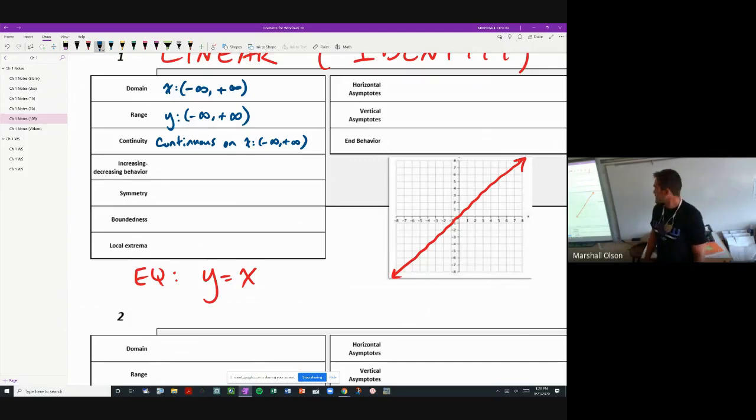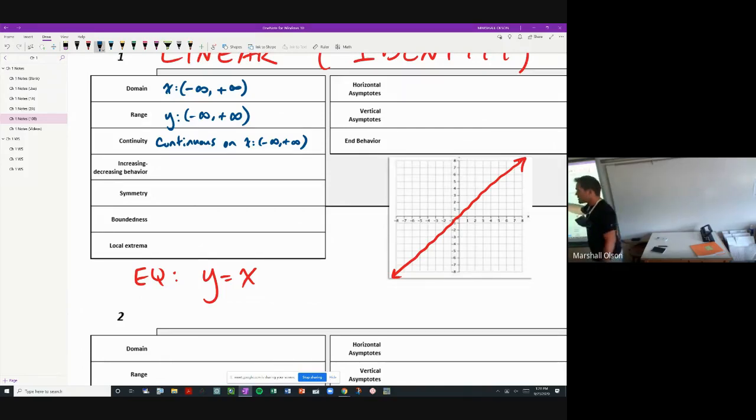Where is it increasing? Okay, so increasing means it's positive. So he said from quadrant 1, right? What about over here? Is it increasing? Go from left to right. From left to right, is this thing going up? Yes, he's nodding yes. You can't see it, but he's nodding yes. So this thing is always increasing, right? It's always increasing.